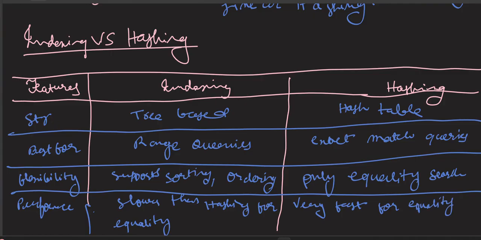Equality search most commonly refers to identifying data records where a specific field value exactly matches a given term. It is used in contexts like database queries and LDAP search. So I hope I am clear with indexing and hashing.